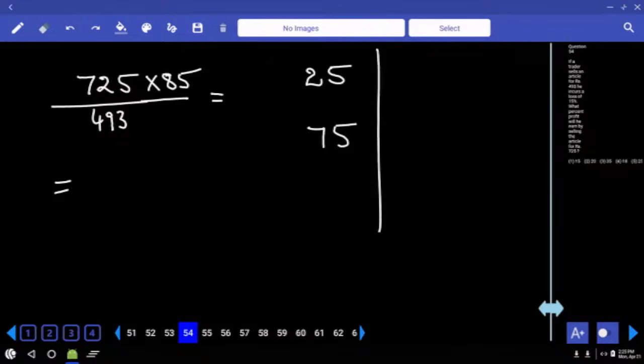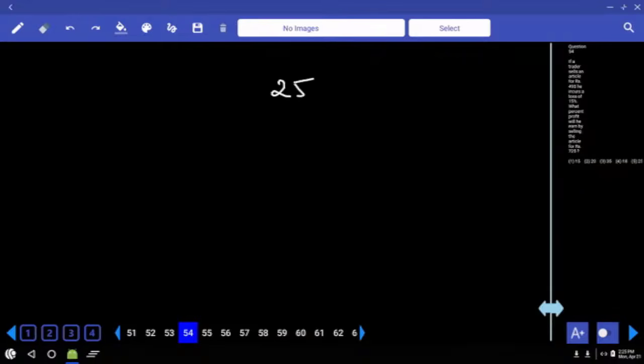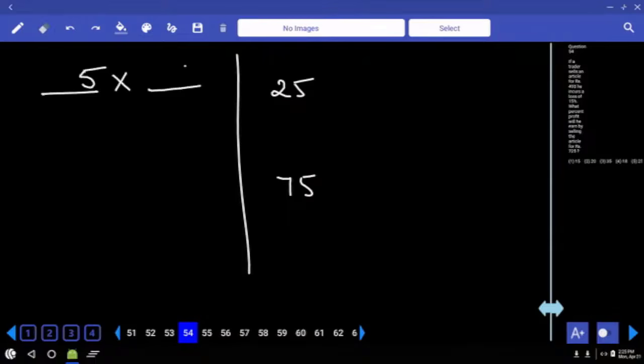Product of 2 numbers which end with 5 always ends with either 25 or 75. When will it end with 25? When will it end with 75? I will give you more clarity. I said product of 2 numbers both ending with 5. Correct?